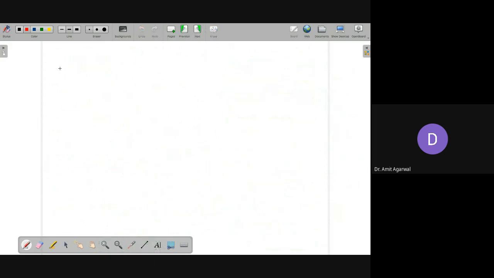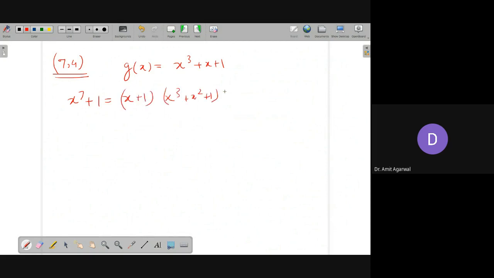So let's take an example. If we want to find out the generator matrix for the (7,4) code, what we have to do first is find out the generator polynomial. Because we have seen that x to the power 7 can be factored, both factors can be used as a generator polynomial.